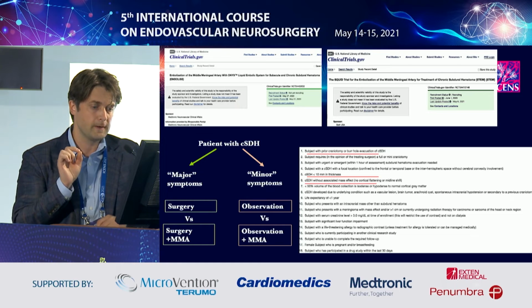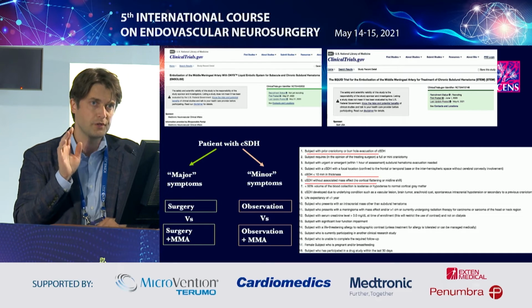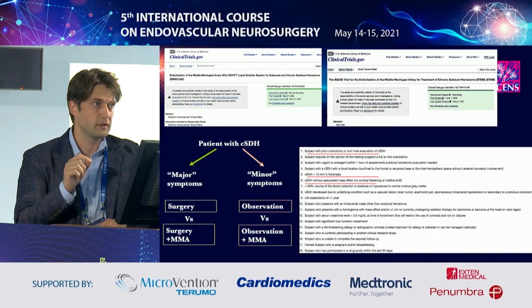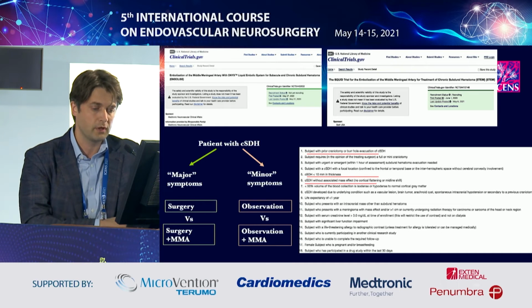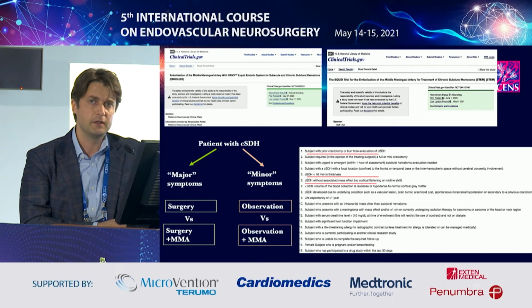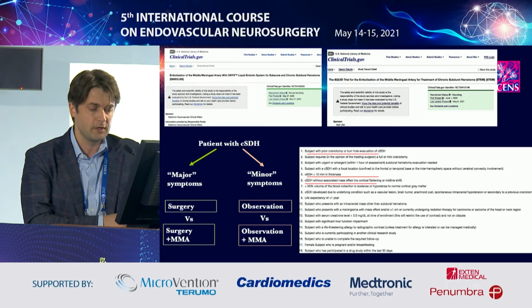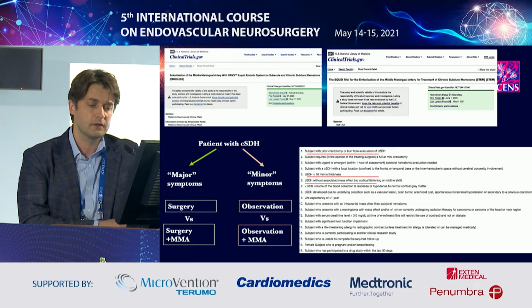As for the Medtronic study, it is very precise. They have very definite and precise characteristics of inclusion criteria, and a more complicated design.